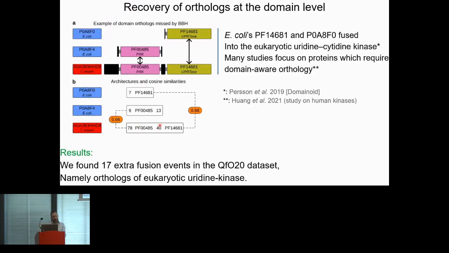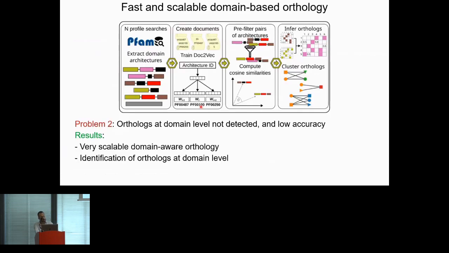These are the architectures for each of the sequences, and the orange is the cosine similarity. As a toy test, we used the sequences in the QFO, and we found 17 extra eukaryotic orthologs. So we found this fusion 17 times in 12 different proteins. So for the second problem, we can find domain-level orthologs.